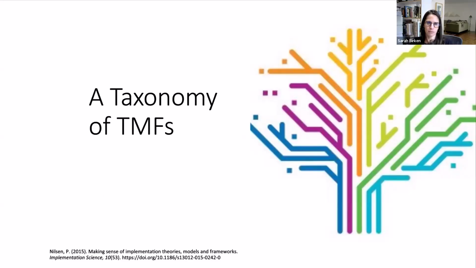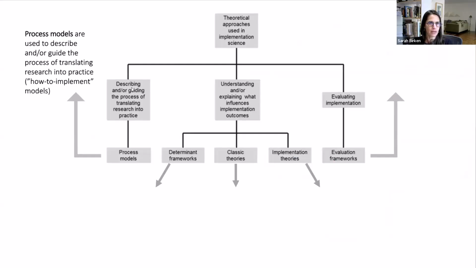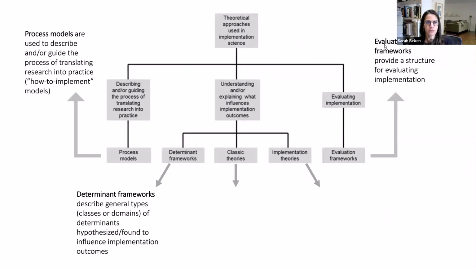And he basically provides this structure for all of these theories, models, and frameworks. He talks through, okay, if you're describing or guiding the process of translating research or evidence or any intervention into practice, you're using a process model. If you are evaluating how that went, you're using an evaluation framework, ideally.